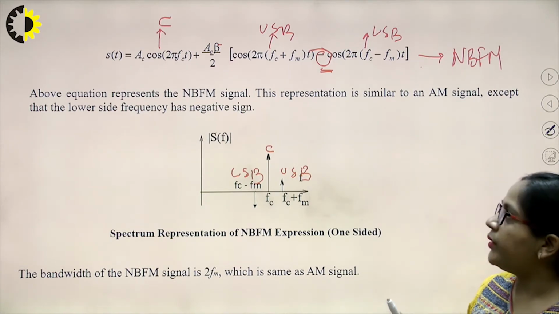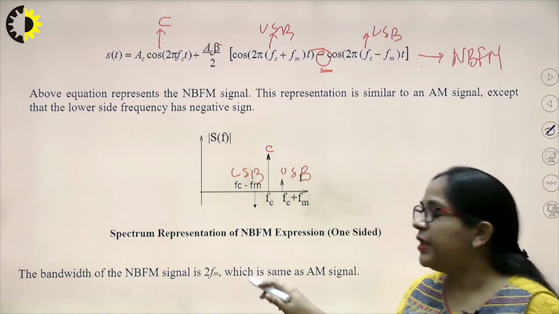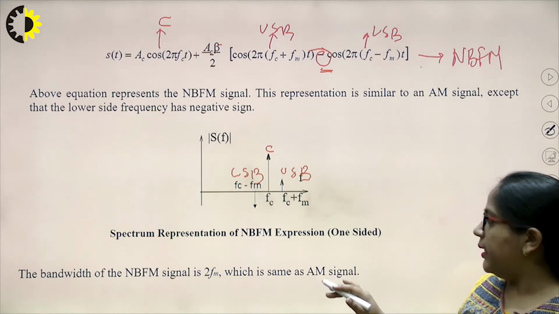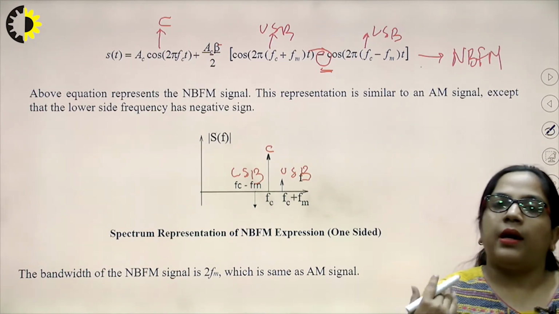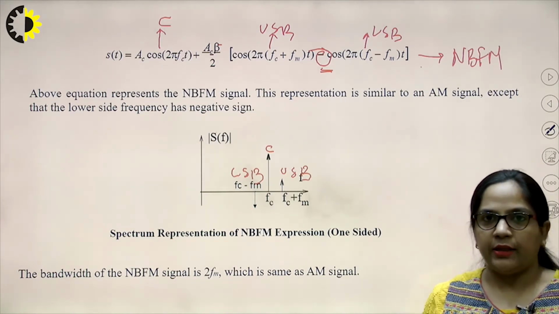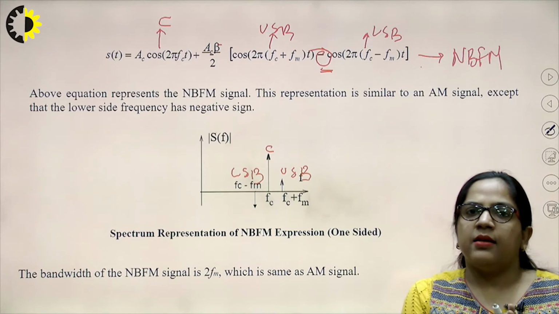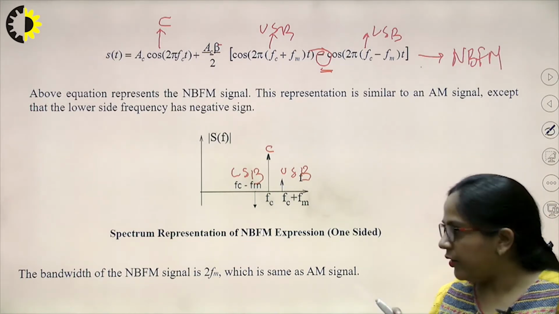For the bandwidth requirement, in this case also the bandwidth of the NBFM signal is twice the message frequency, which is the same as in the case of an amplitude modulated signal. So if we perform narrowband frequency modulation, there is no difference between NBFM and amplitude modulation.